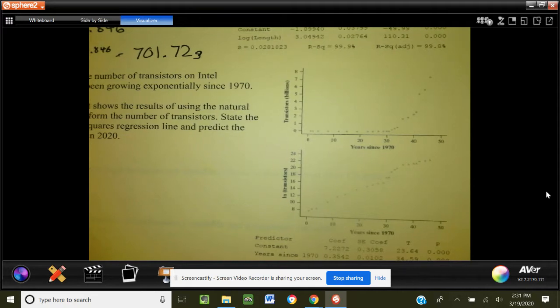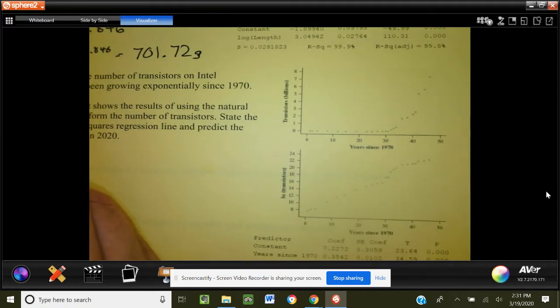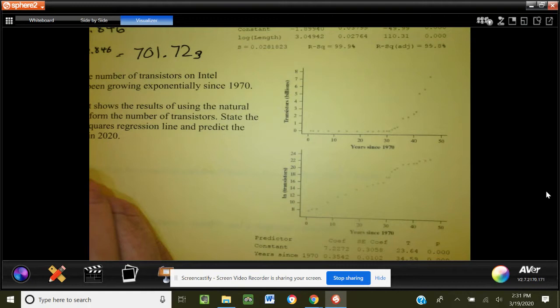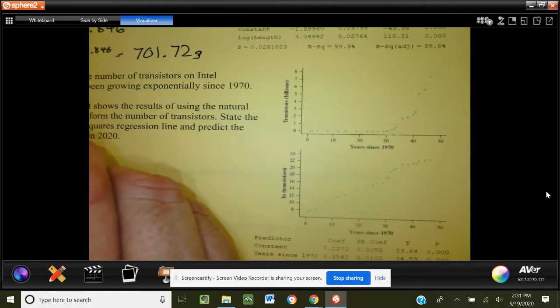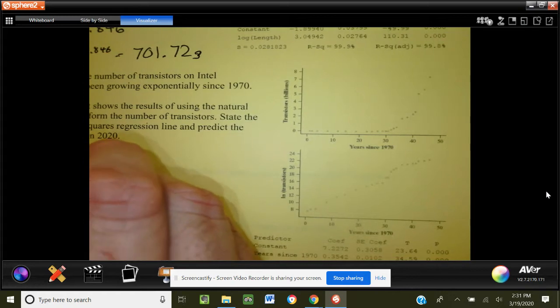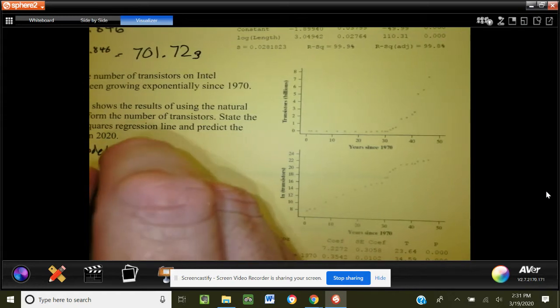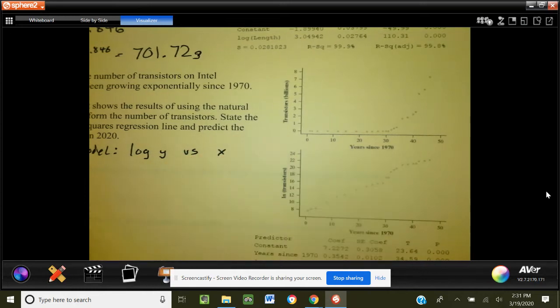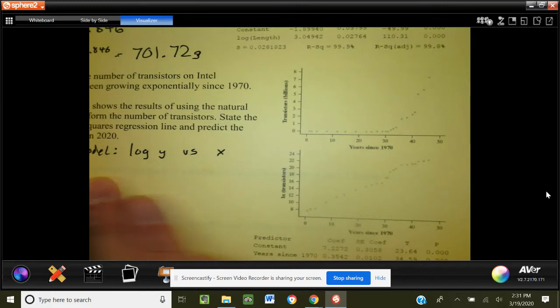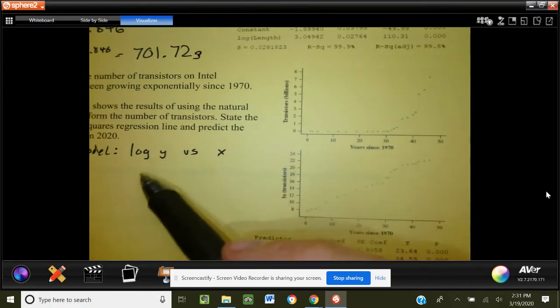So with an exponential model, and I'm going to write this right here. We're not going to do a lot of experimentation this time. I'm just going to tell you that if it's an exponential model, the transformation that you want to use is log of y versus just x. So you kind of get the exponential aspect of it thrown into the y, right?